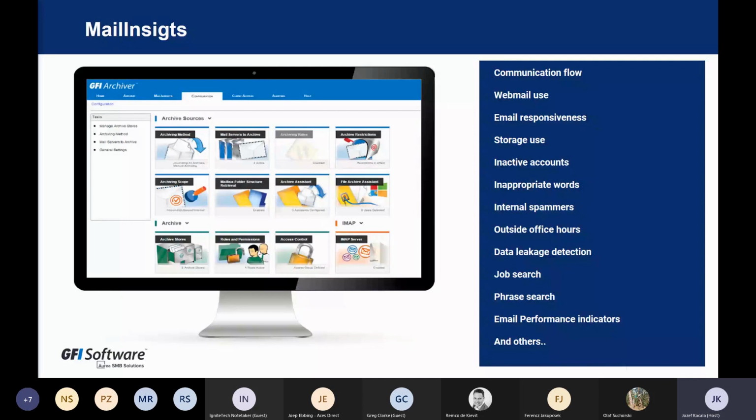This information could be processed by the GFI Archiver to produce so-called mail insights. The mail insights are easy to understand, easy to read reports, which will sometimes answer a complex question. So it could be, for example, who is using inappropriate words. If anyone is searching for a job actively, that means that he's willing to resign.